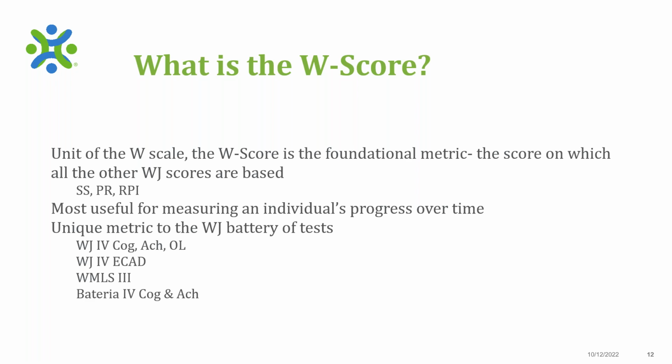So the standard score, the percentile rank, and the RPI are all based on this W score found on the W scale. It is a very useful metric for measuring an individual's progress over time. And again, it is unique to the WJ batteries of tests. So the COG, Achievement, Oral Language, the ECAD, WMLS, Batería, COG, and Achievement all use this W scale as their foundational metric.